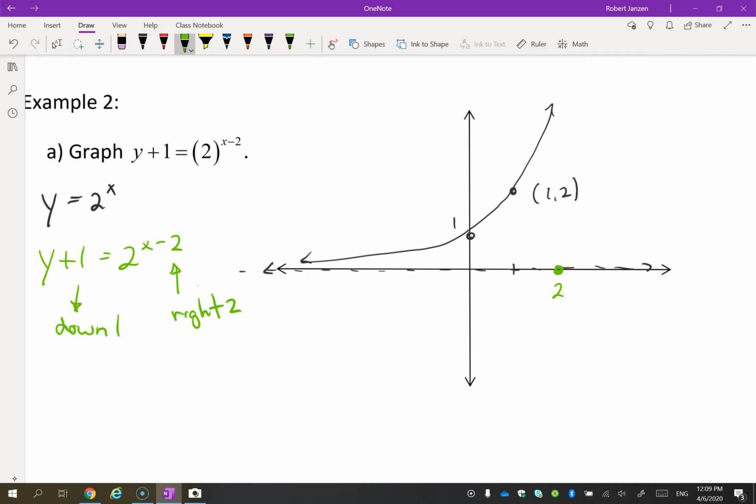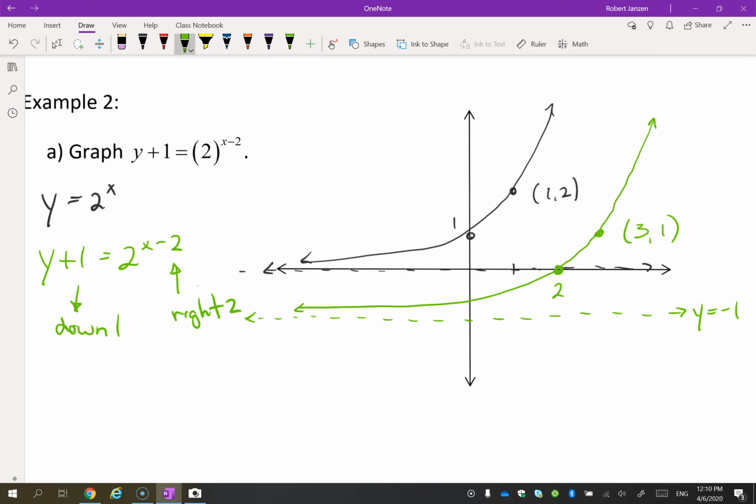This point, if I go down 1, right 2, it will be at 3, 1. Okay, and then if I'm going to move the horizontal asymptote down 1 as well, it will now be at y is -1. Okay, and so you should be able to draw that graph something like that.